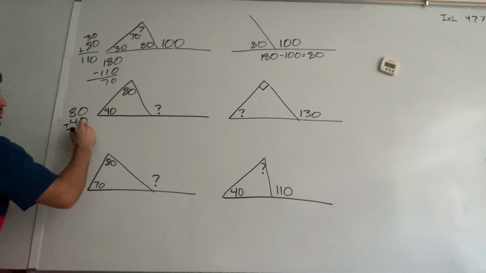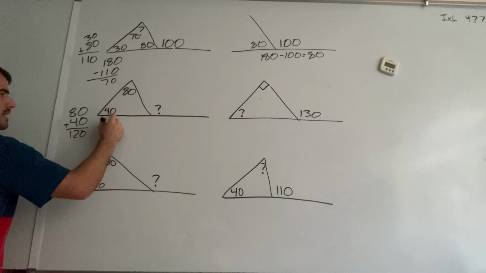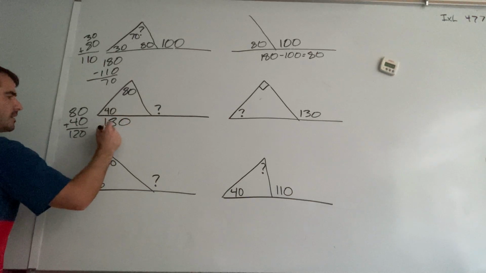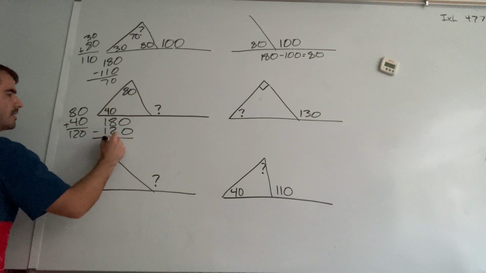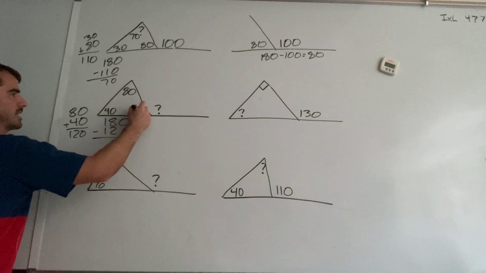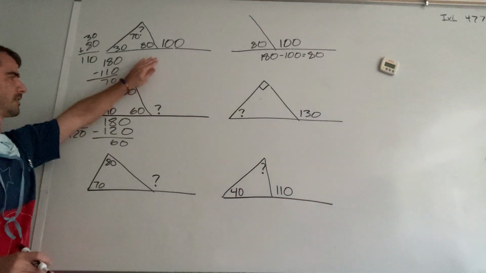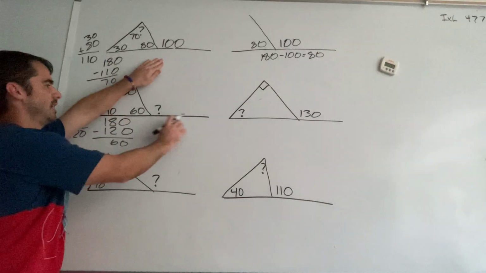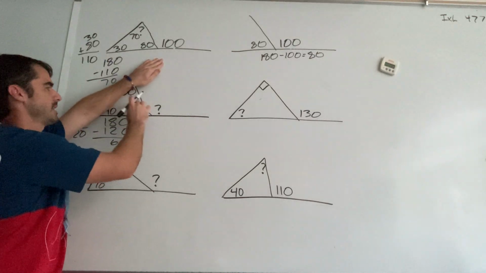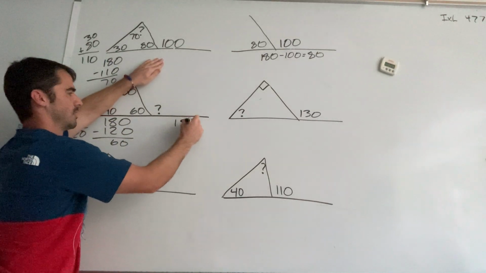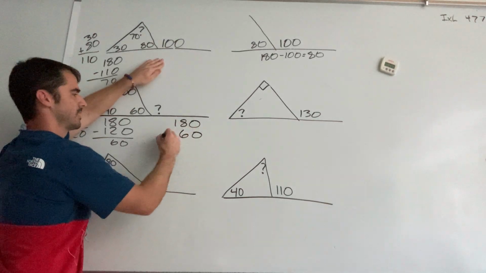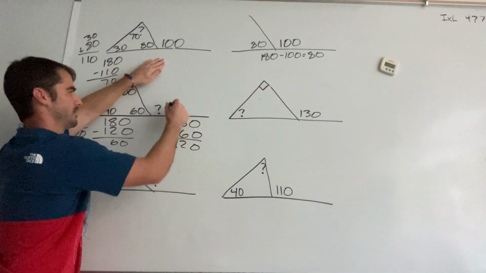Find out there's 120. And subtract that from 180. Tells me this is 60. So there's my 180 degrees in a triangle. Again, if I look at it and go, okay, I got this straight line where there's 180 degrees, if 60 of it's here, 180 minus the 60, and find out there's 120 missing.